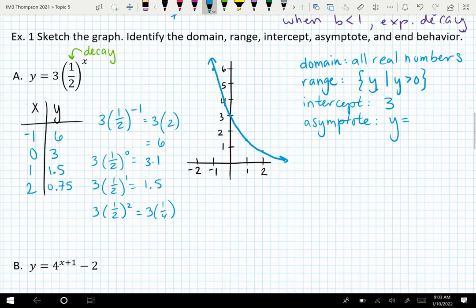This case is no different. My asymptote exists on this x-axis, and the x-axis is the equation of the line y equals 0. And then finally, end behavior.